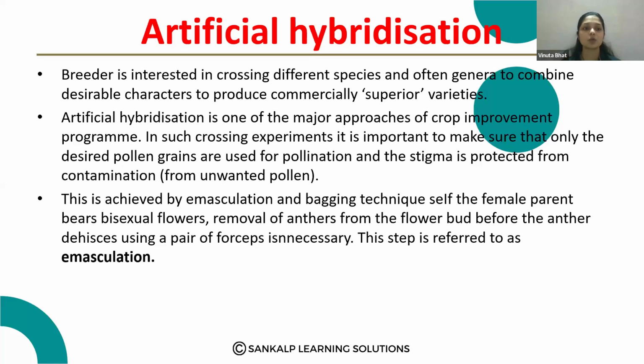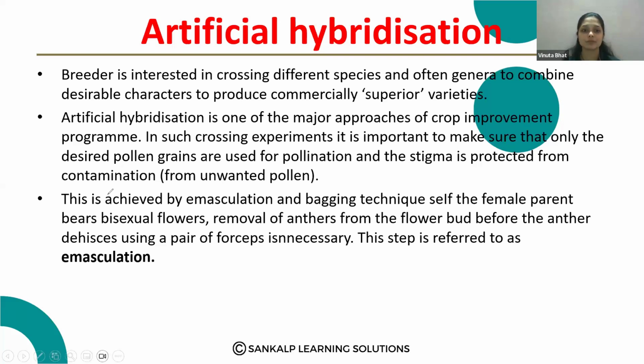To produce superior varieties, you may have heard of hybrids in the market, right? So that is having the superior characters, in size or color or nutrient, anything, to achieve the superior variety. So the breeders will transfer the pollen grains to the stigma artificially. Okay, so that is the artificial hybridization process.